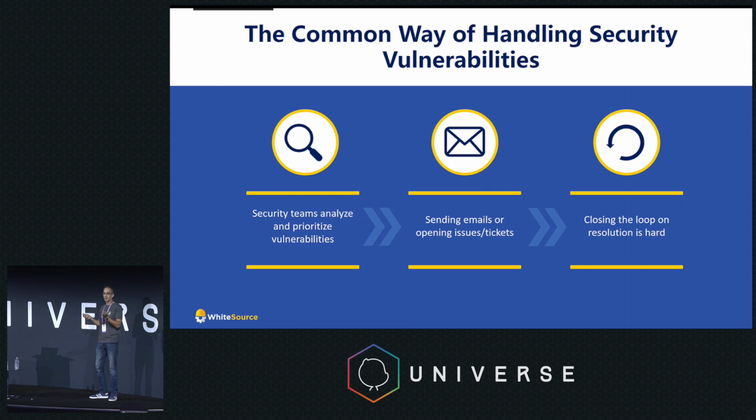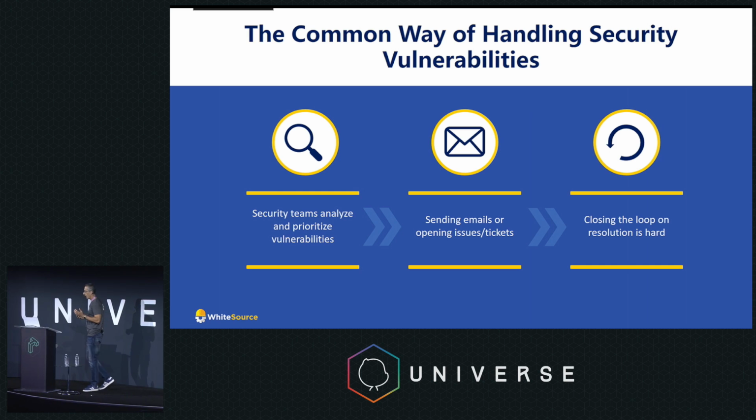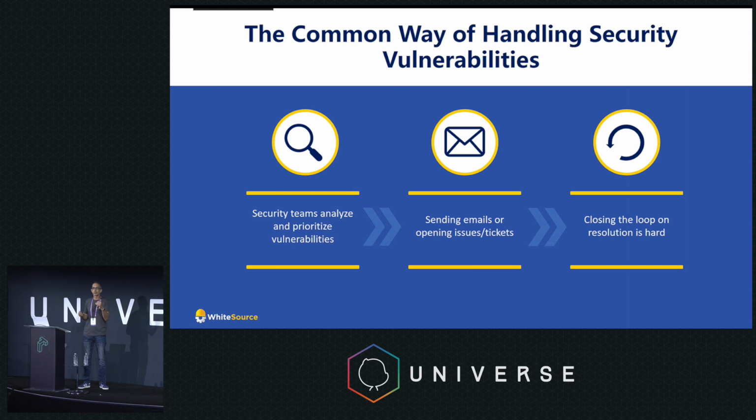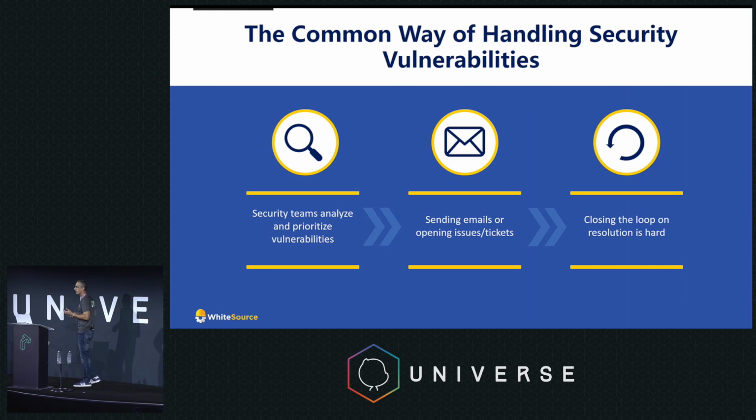They will send you as a developer a list of probably the high severity vulnerabilities over email, an Excel sheet, or some kind of a Jira workflow or other trouble ticketing system. And then you'll need to start reading these long lists of security issues and resolve them in your code, which, as you said, is not something you like to do anyway. So that's pretty much not the way to handle security vulnerabilities in the modern world.